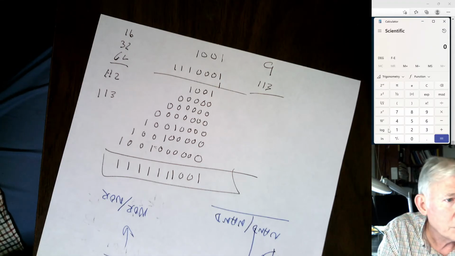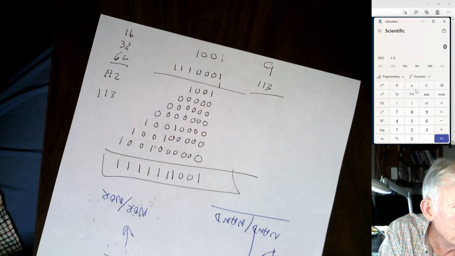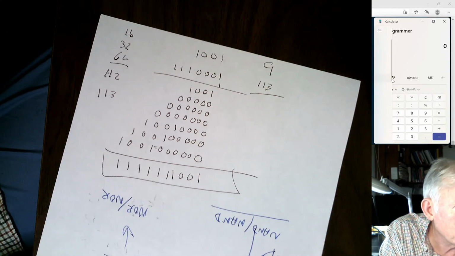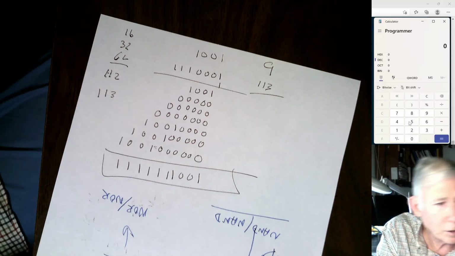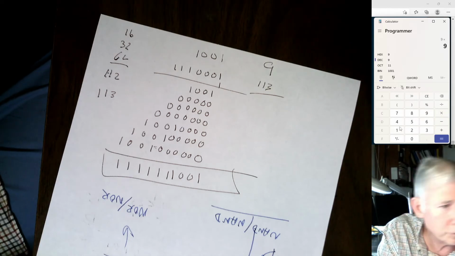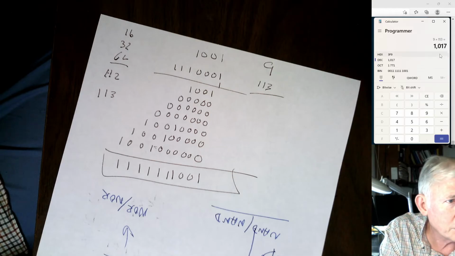If we do the scientific, I think actually we can even do the computer graphic programmer, this one. Okay, so let's put in 9 times 113. 9 times 113 equals 1017.